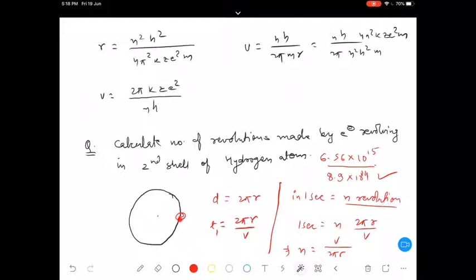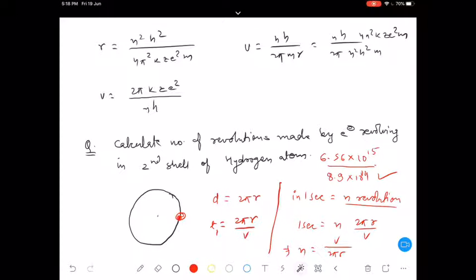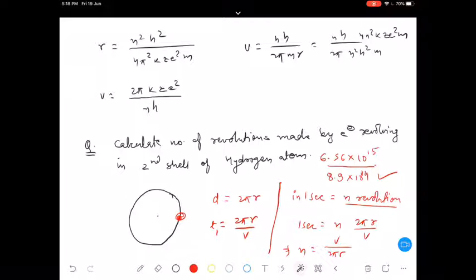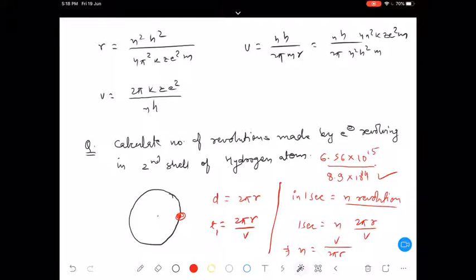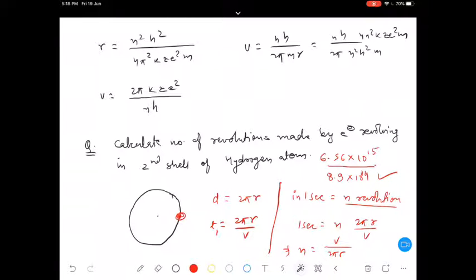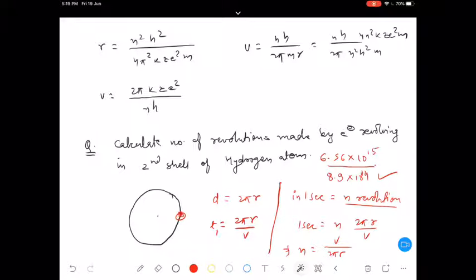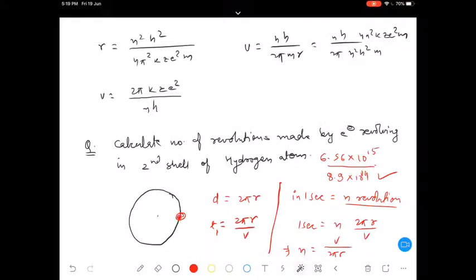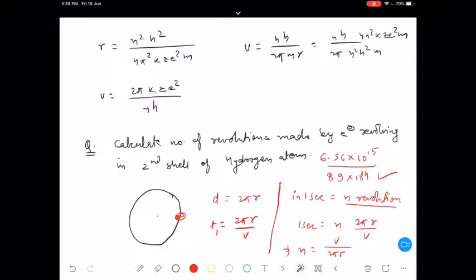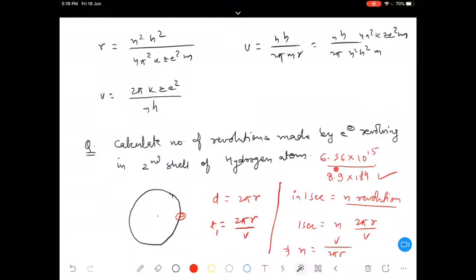Now let's say something is present on that electron, some human being or some living thing. Now for them, this one revolution will be equivalent to 1 year. Now for us, that 1 second time will be how many years for that species on that electron? We can imagine this much, correct? That is the first part.